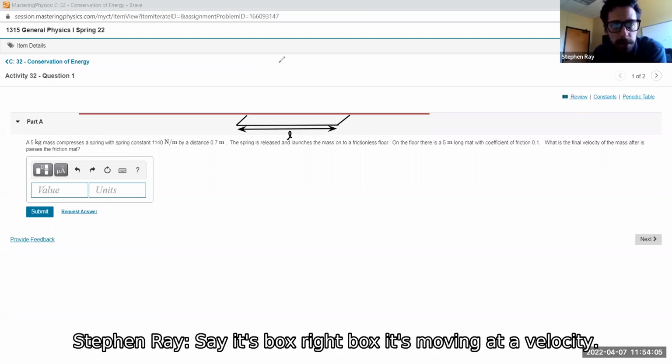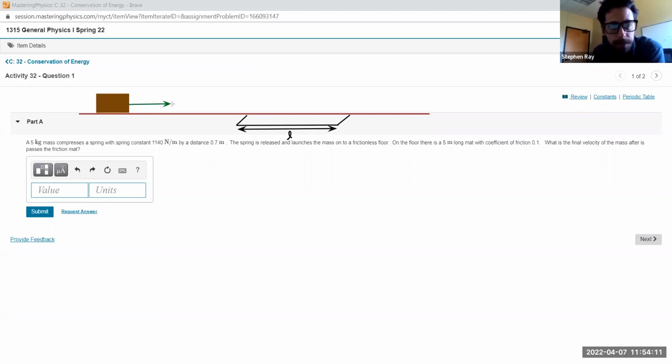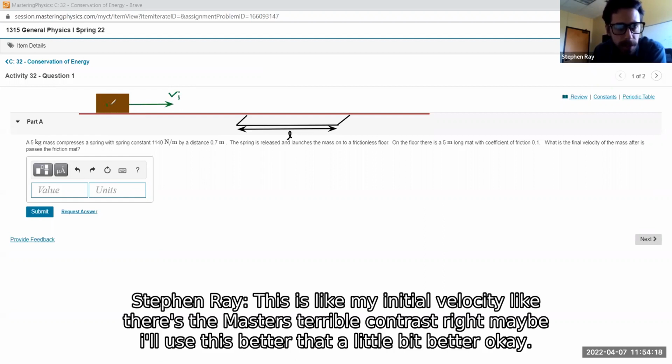Say it's a box, right? The box is moving at a velocity this way. This is my initial velocity. This is the mass. It's terrible contrast, right? Maybe I'll use this. Is that a little bit better?